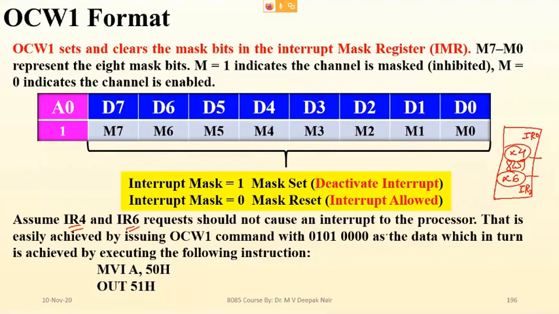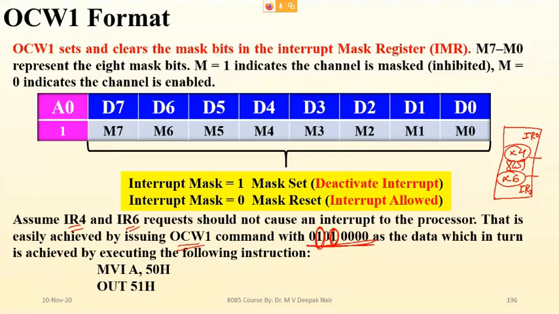In that case, we will be providing the OCW1 with this command. Now you can check, this is 0, 1, 2, 3, 4, this is masked, 5, 6, this is also masked. So that means there cannot be any interrupt generated from IR4 and IR6.